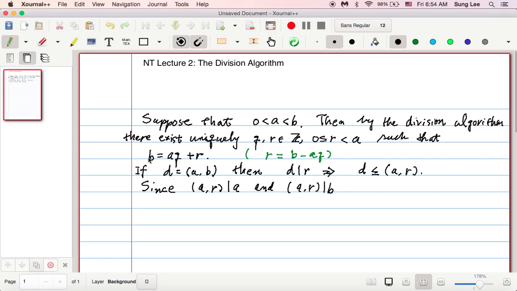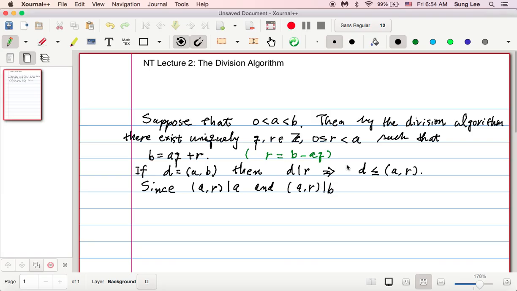Why? Because again, b is a linear combination of a and r. So obviously, the GCD of a and r divides both a and r, so it has to divide b as well.